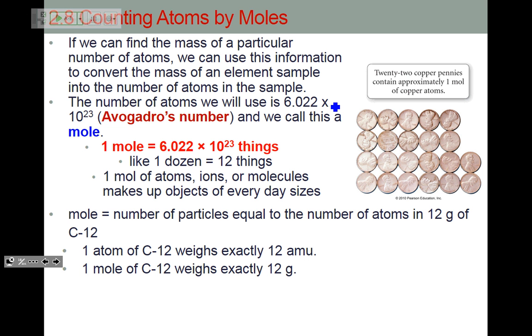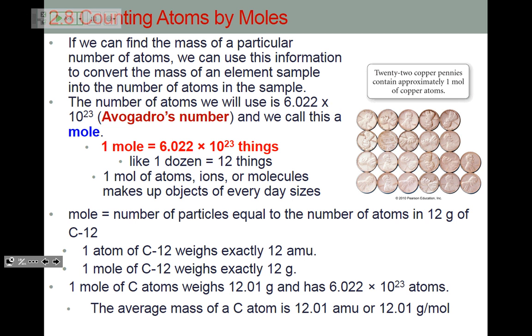What you do need to know is 1 mole is equal to Avogadro's number, and you need to know what that number is, which is 6.022 times 10 to the 23rd. So if you ever are confusing yourself, because that's such a big number, just think about dozen and relate it that way. It's an easy way to visualize it, because oftentimes in chemistry we're working with things we cannot visualize.